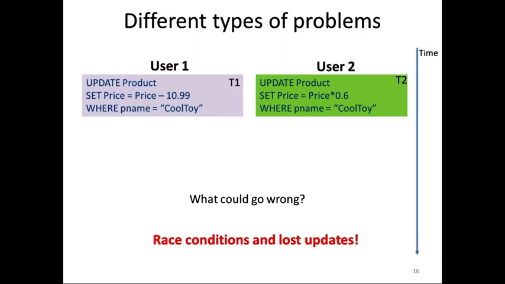Okay, let's continue. So what if T1 and T2 read the initial value, and they read the same value, of course, 20. And they continue, let's say, with their respective computation, and then write the result of that computation.